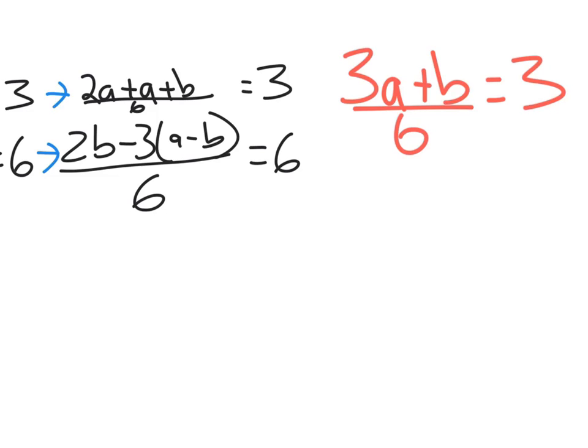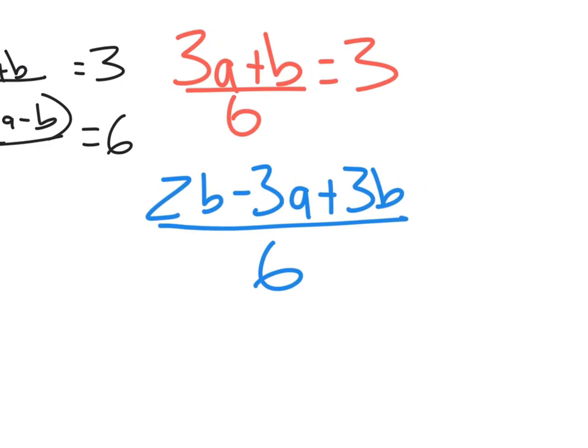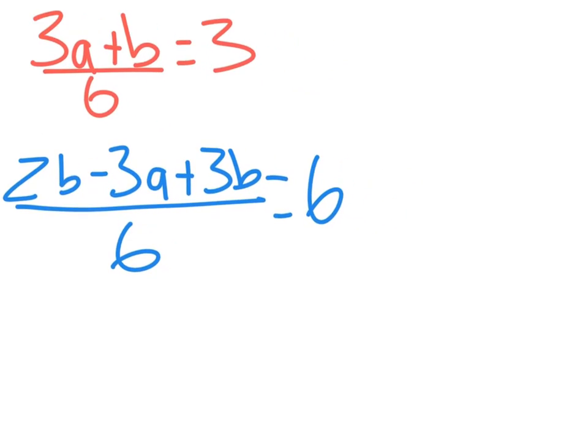So we've got 2b minus 3a plus 3b, because we're distributing, right? Divided by 6. Okay, so what is that? Equals 6.